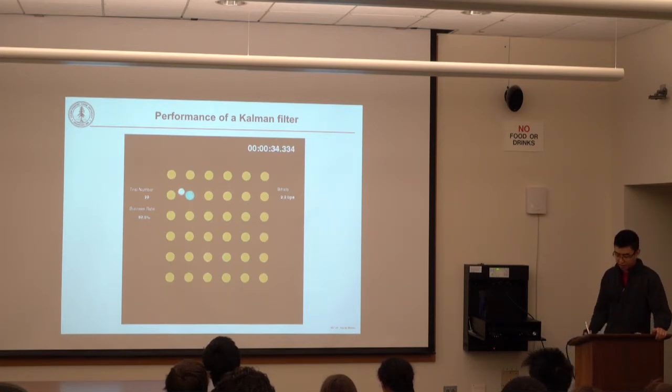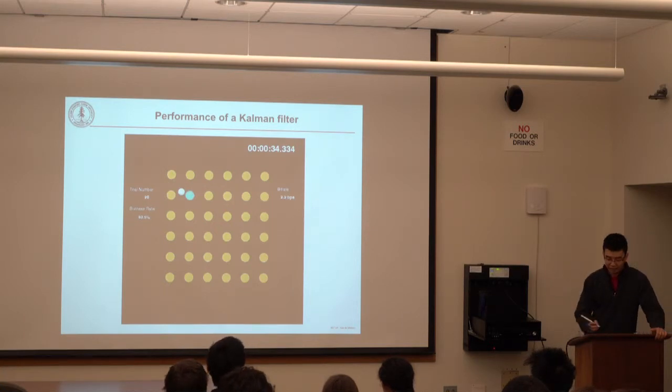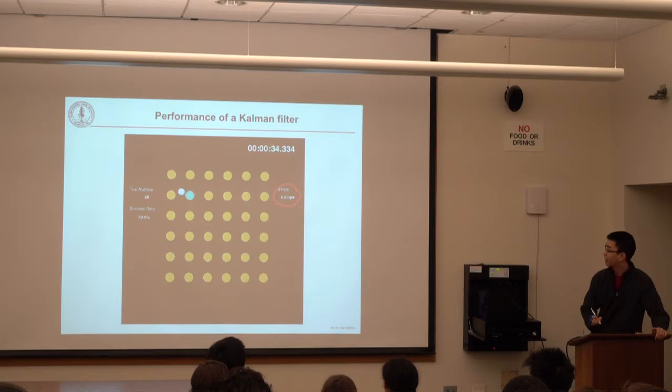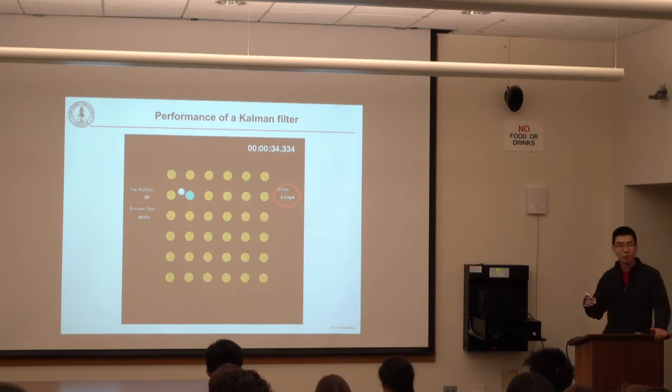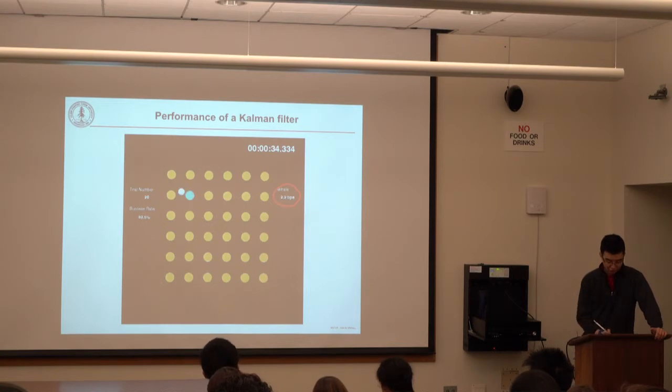And so when this video is all said and done, the bit rate that we calculate is that he's at 2.2 bits per second. And if you will remember from the Wiener filter video I showed you, the Wiener filter was sitting at 3.8 bits per second.